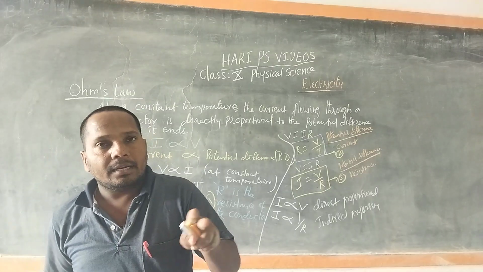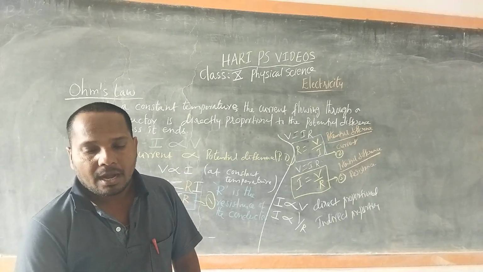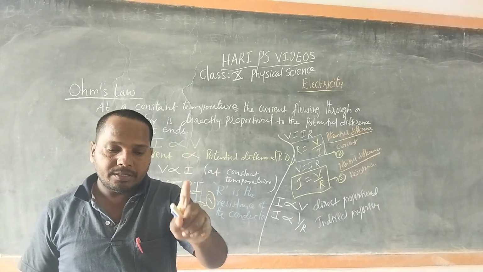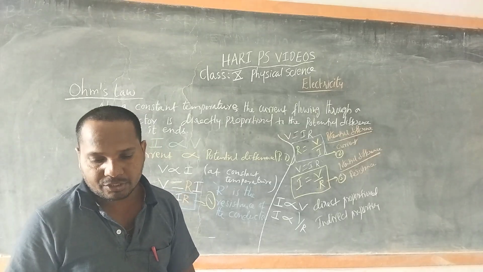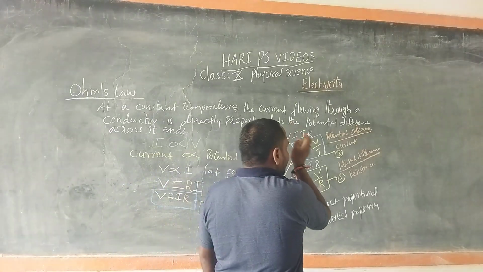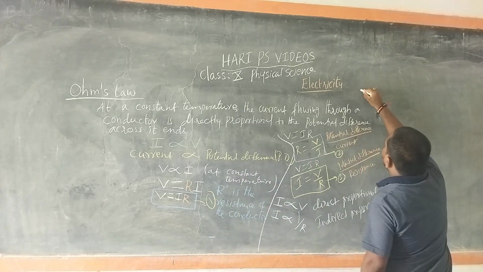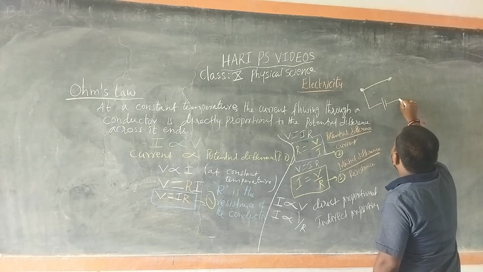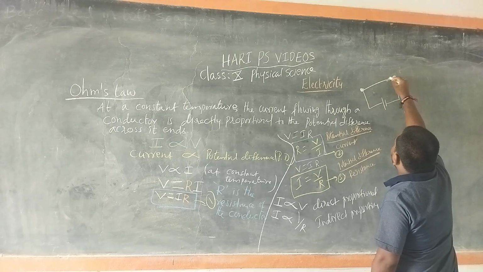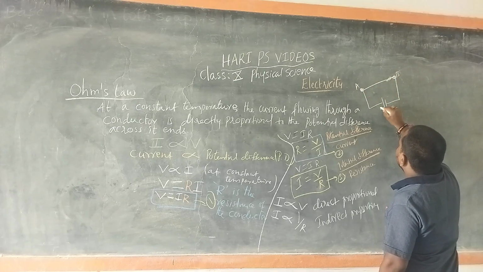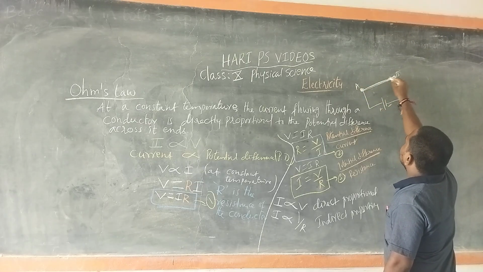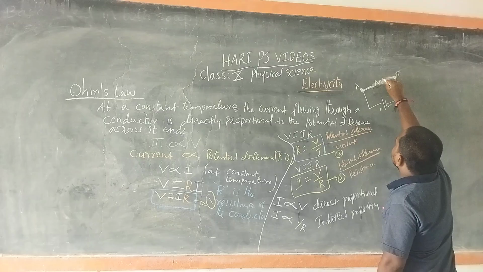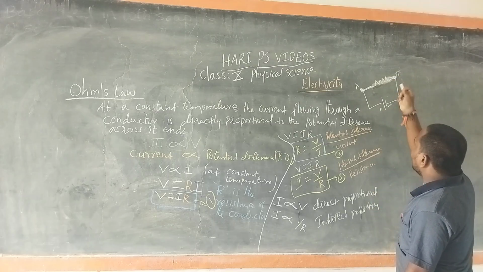Since the current is directly proportional to the potential difference applied across the ends of the conductor, take a simple example. A conductor is connected to a cell or a battery, with ends A and B. You can take the conductor as any resistor, like a bulb.